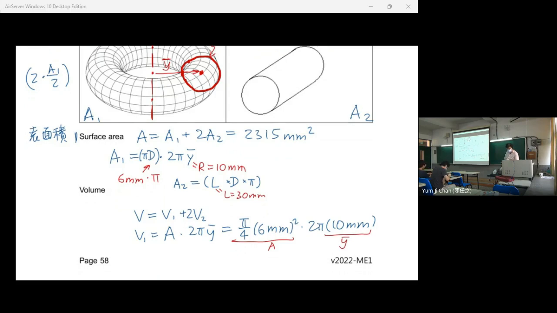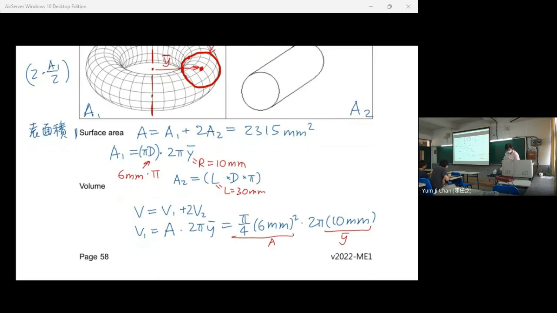And of course, V2 is equal to pi over 4 times 6 millimeter squared times 30 millimeter. And therefore, the total volume is this one.